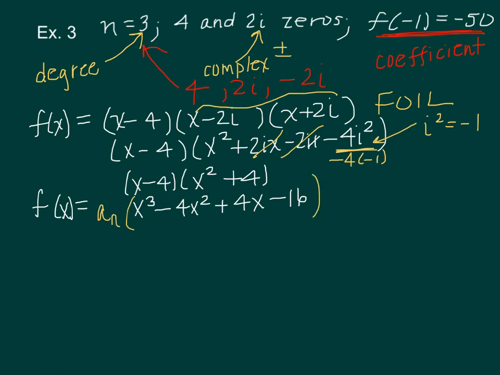I forgot to write my coefficient, which we're going to find later. Okay, so now you use that information they gave us earlier. They're saying if x is -1, your y value is -50. So all the x's are -1.